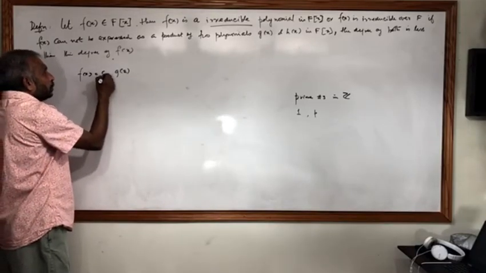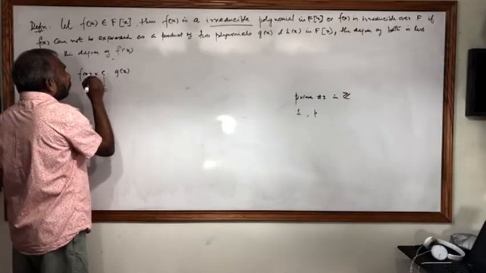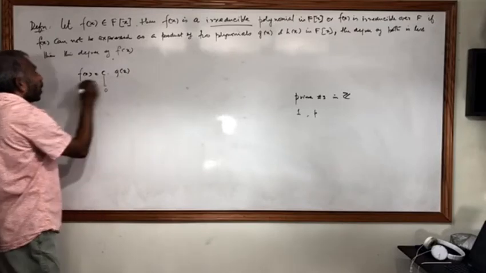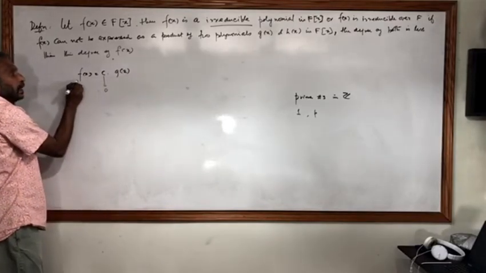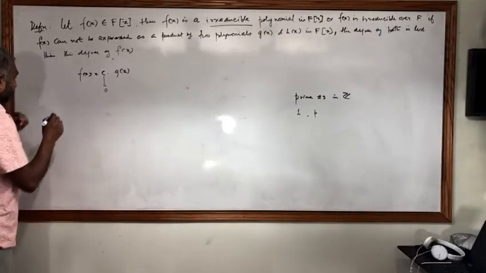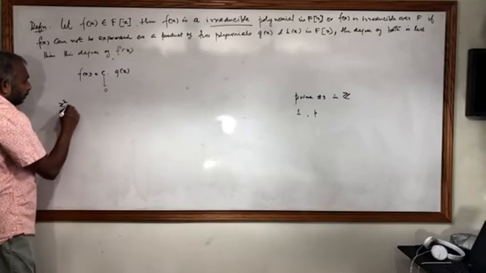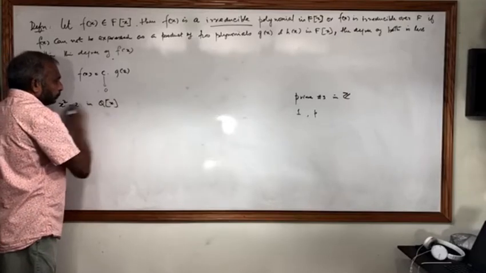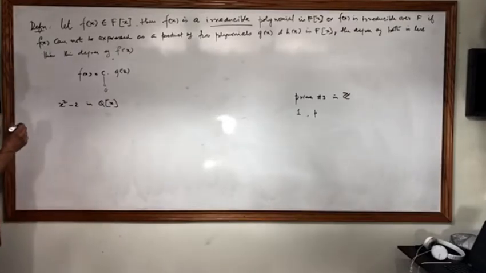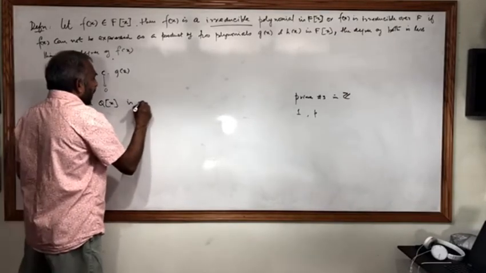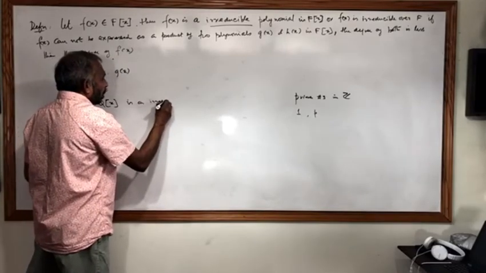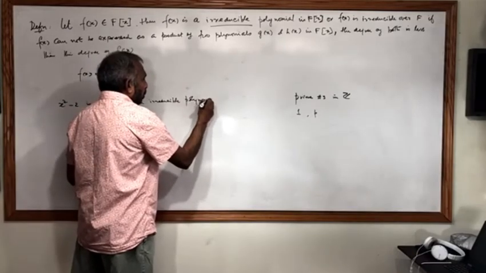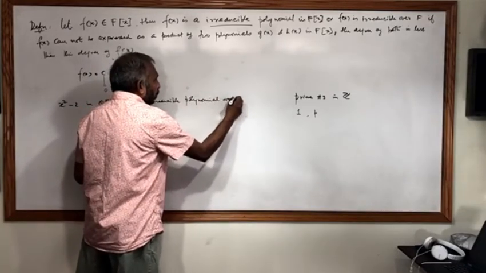It has to be two polynomials of lower degree than the degree of f(x). One example is x^2 minus 2 in Q[x], which is an irreducible polynomial over Q.